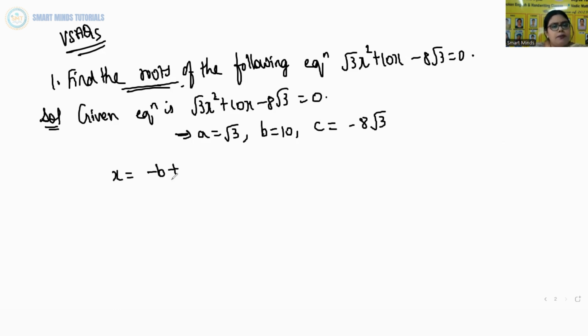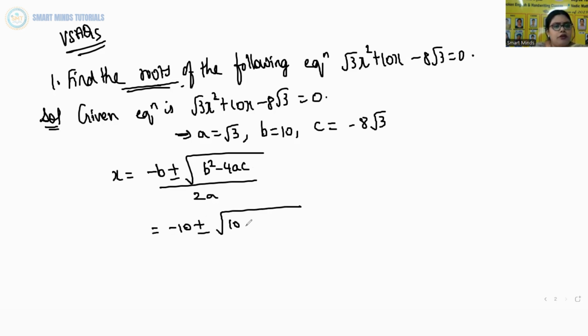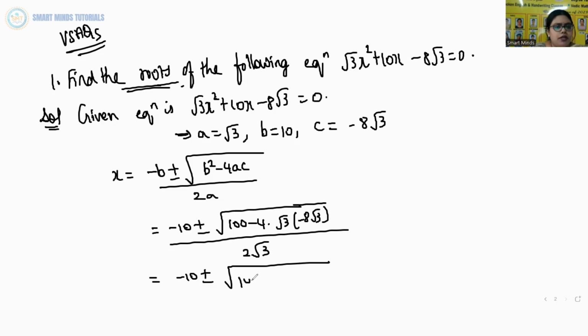So x is minus b plus or minus root over b square minus 4ac by 2a. That is minus 10. Now we substitute it. Root over 100 minus 4 into root 3 into minus 8 root 3 by 2a, that is 2 root 3. That is minus 10 plus or minus root over 100.